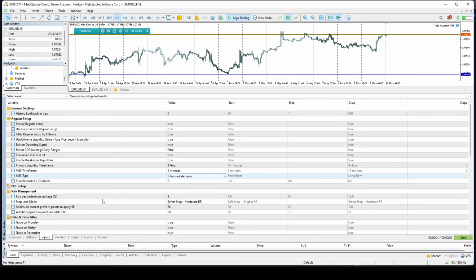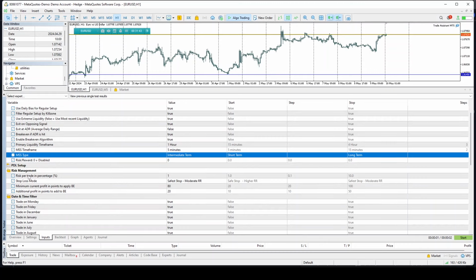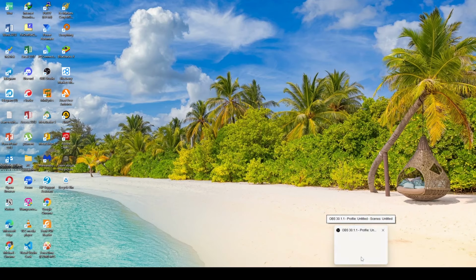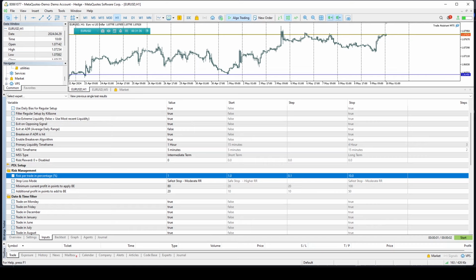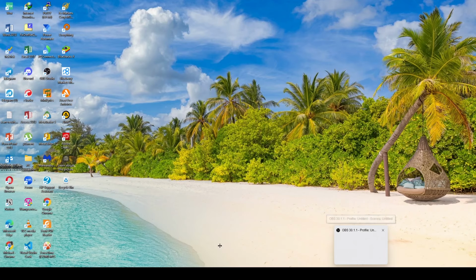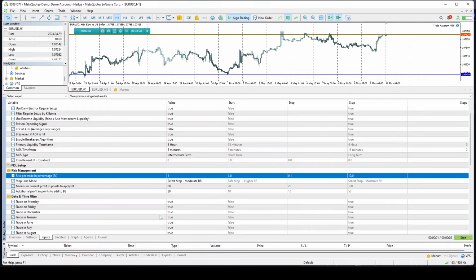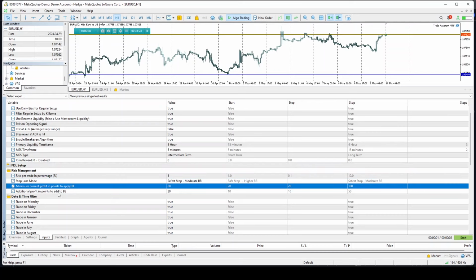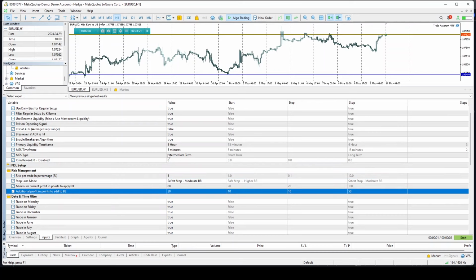Okay, the risk management: the risk per trade is 1%, 1% risk per trade, and break even is also enabled on the trade.